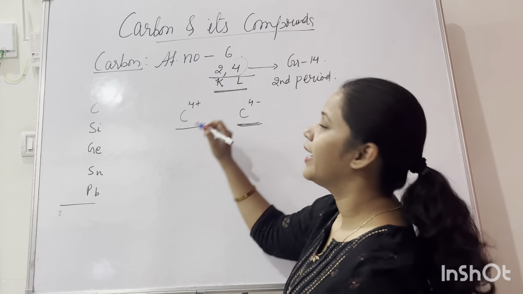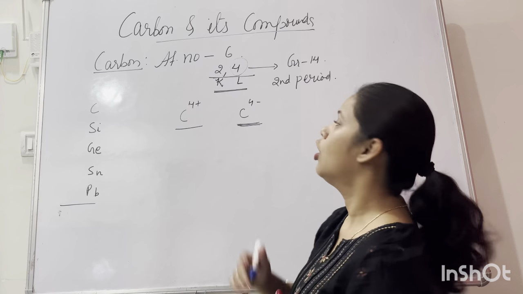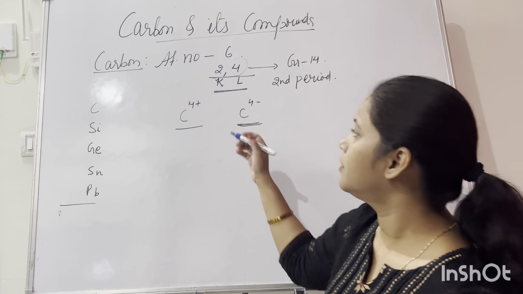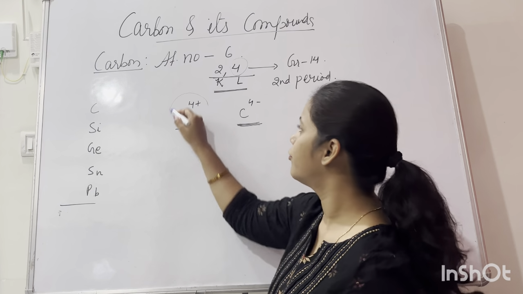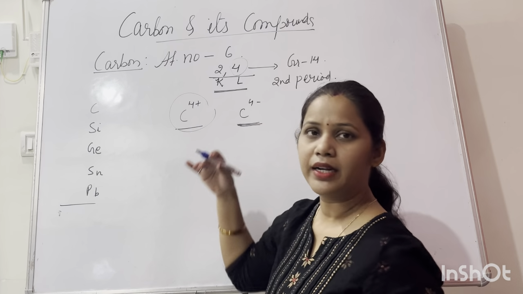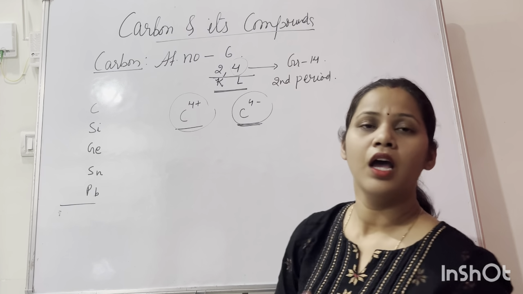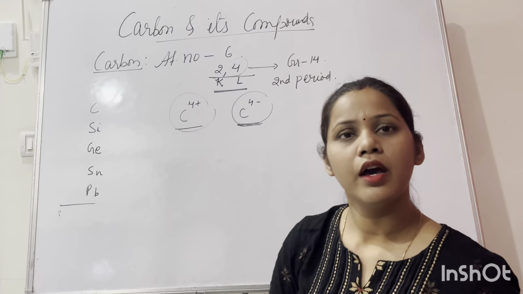So it is neither possible for carbon to form a C4 plus ion nor a C4 minus ion. Either way, it is practically not feasible, because of the electronic repulsion.